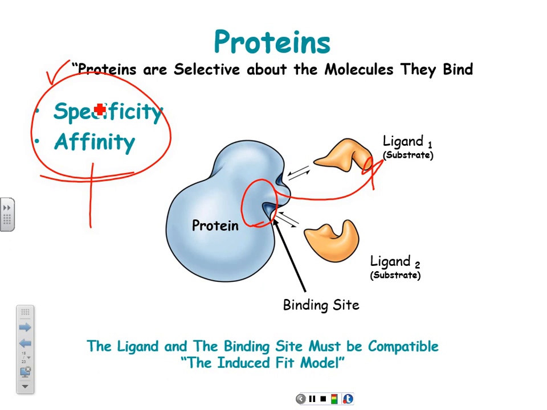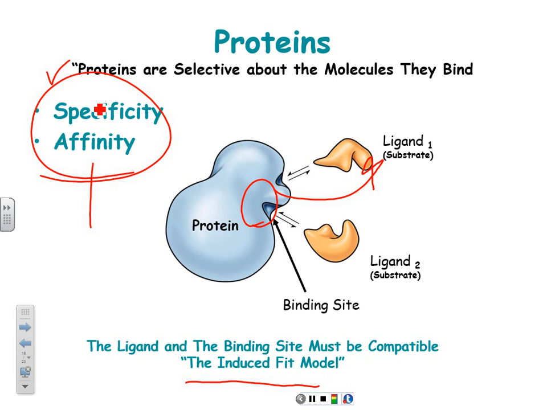It has to be somewhat compatible. And it's known as induced fit, right? Meaning, if the protein and the ligand are similar in shape, right? The ligand can be induced to fit into the active site, right?